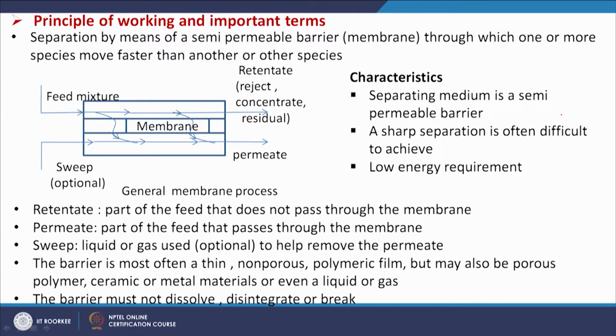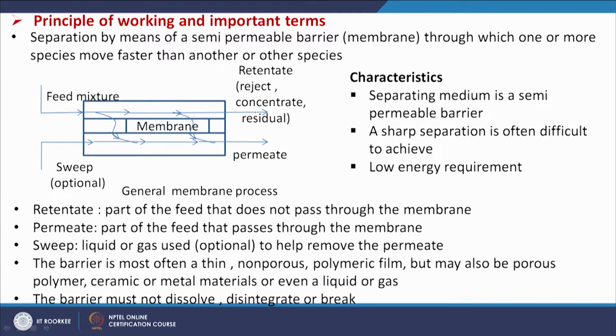As mentioned, in this process the feed mixture is passing through one side of the membrane, and on the other side the sweep is sent optionally, otherwise the water will be passing through the membrane, and then the pollutants will be arrested here, that will not pass through.